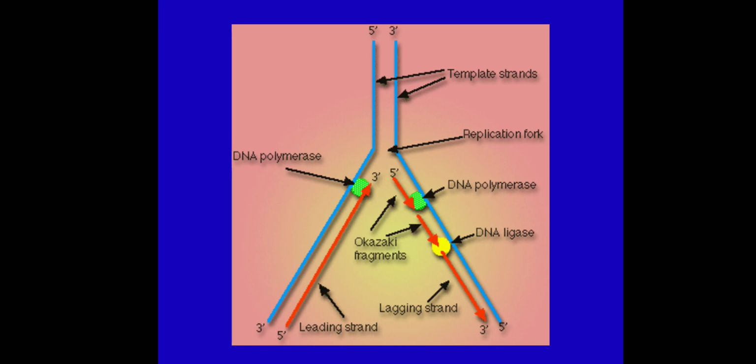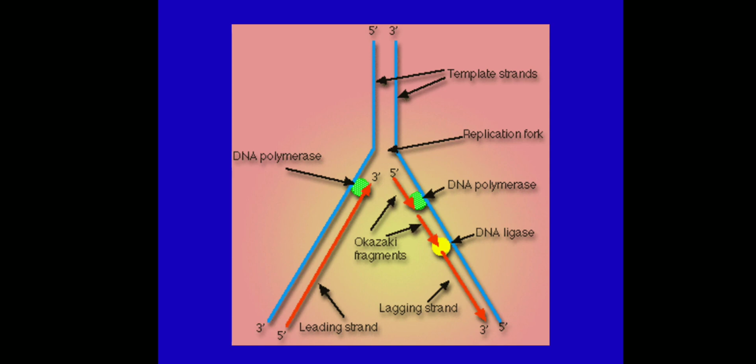The DNA polymerase adds bases one by one in the 5' to 3' direction. The other strand, the lagging strand, cannot be made in this continuous way because it runs in the opposite direction. The DNA polymerase can therefore only make this strand in a series of small chunks called Okazaki fragments.